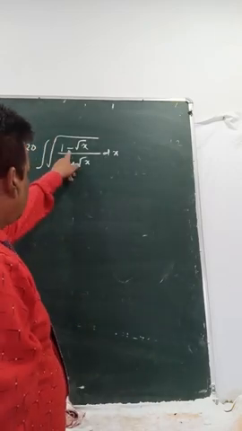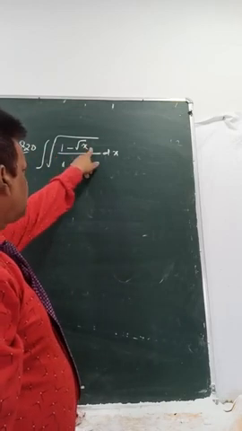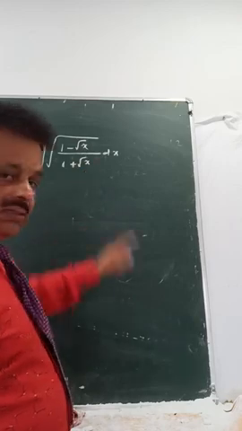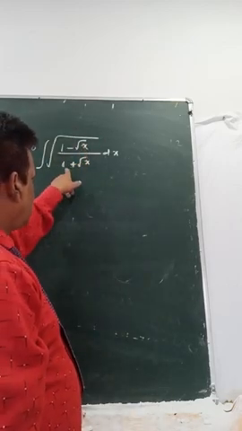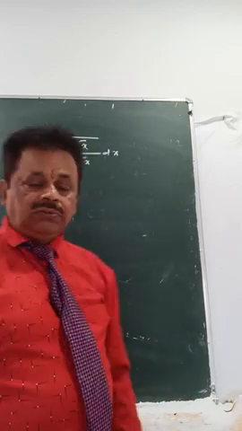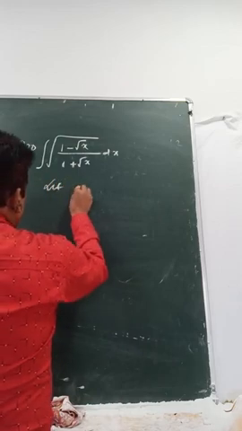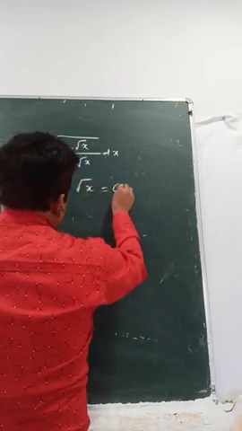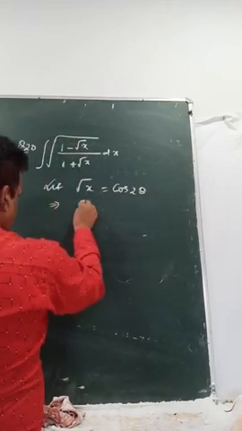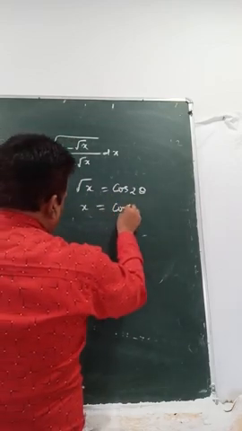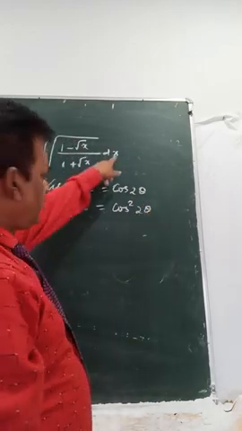If I take root x as cos theta, then 1 minus cos theta by 1 plus cos theta will be 2 sin square theta by 2, or you can take root x as cos 2 theta also. So let's take, let root x be cos 2 theta. That means x is cos square 2 theta. So x is a function of theta, and you have to find dx.